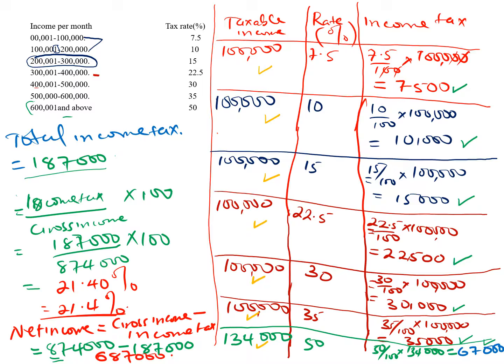Net income, that is the amount of money an employee remains with after the compulsory deductions have been made, and this is our net income. So that's how cheap taxation is. The moment you get to know where to put your taxable income, just identify the range.